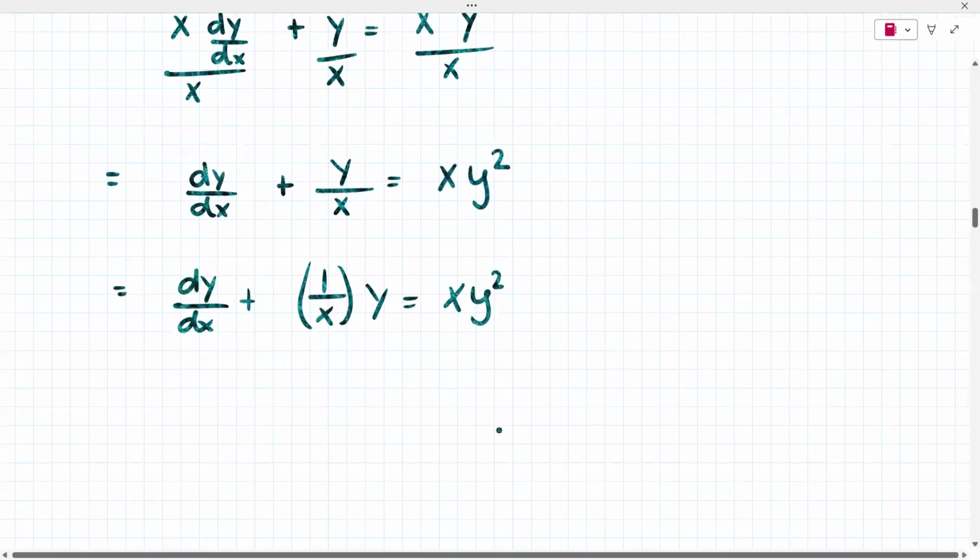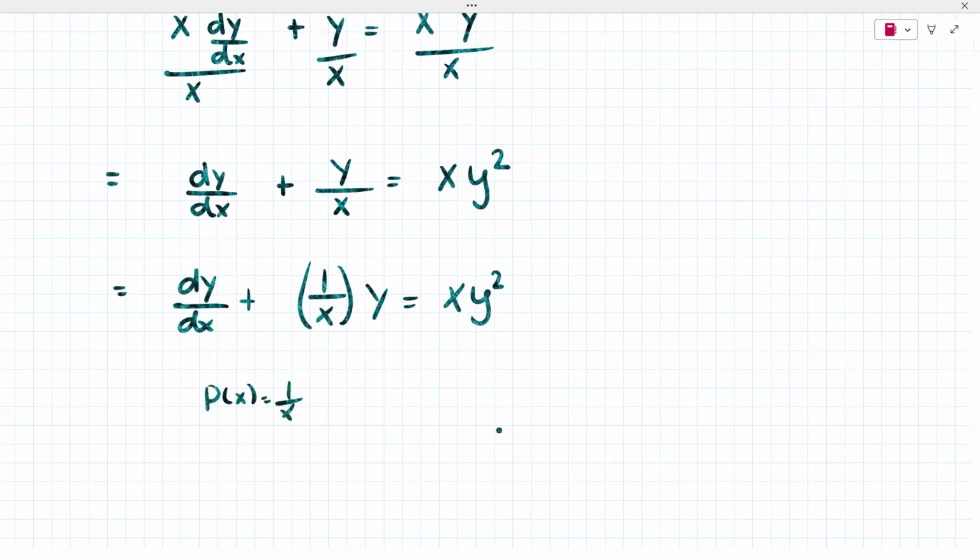If we write out everything, our p of x is 1 over x, my q of x is x, and my y to the n is y squared.